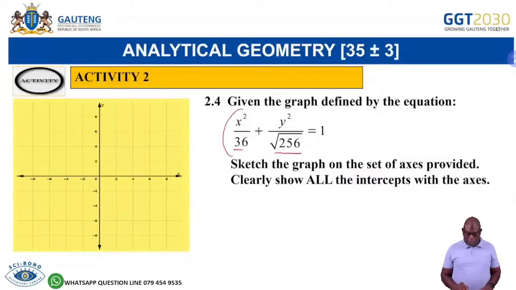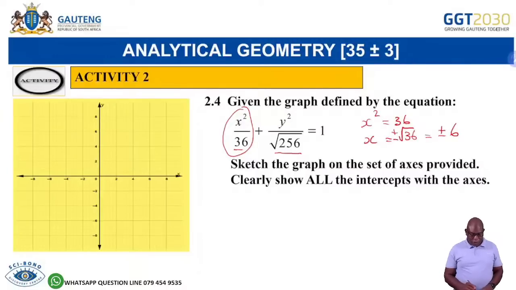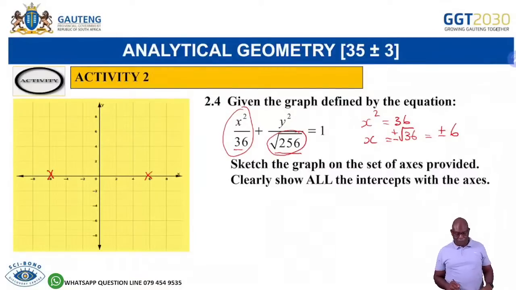For me to get the x, I must say x squared equals 36, and then x will be the square root of 36, plus minus, which gives us plus minus 6. So the x will be 6, which is somewhere here, and -6 somewhere there. Now I need this one. Tricky one, but it's easy. Look at this.